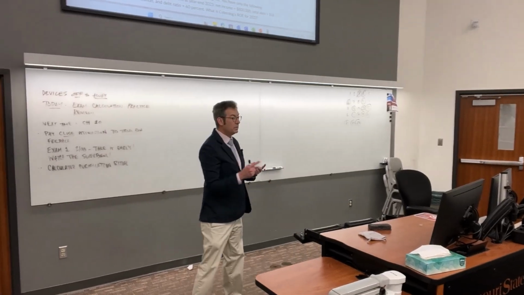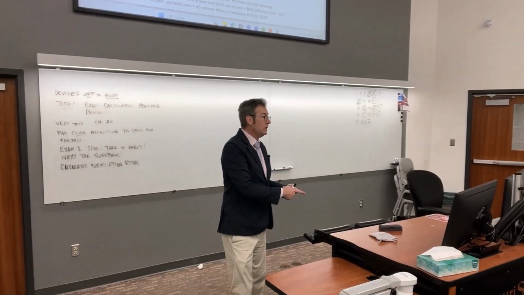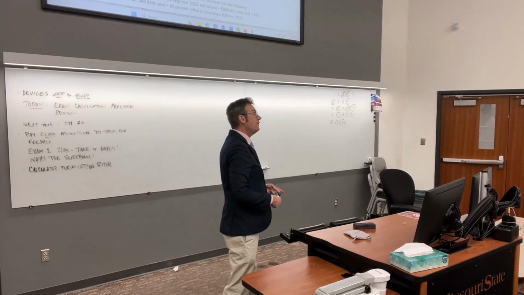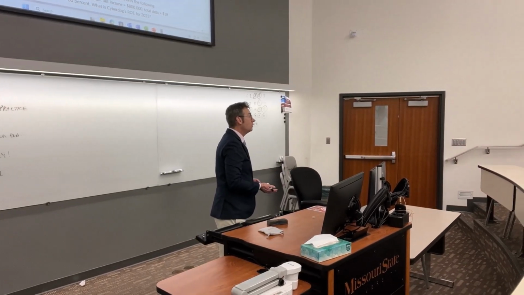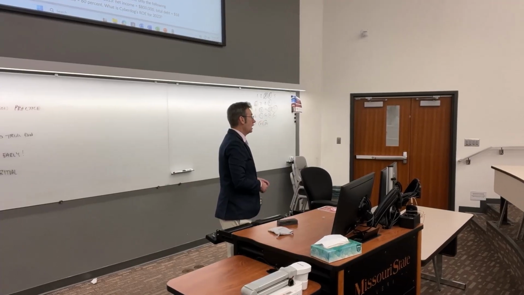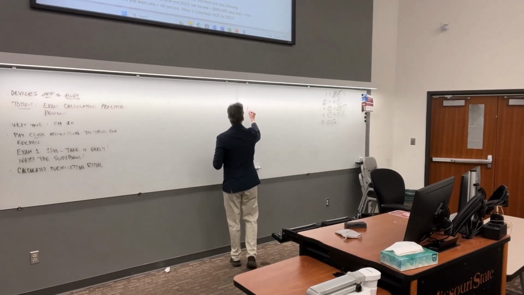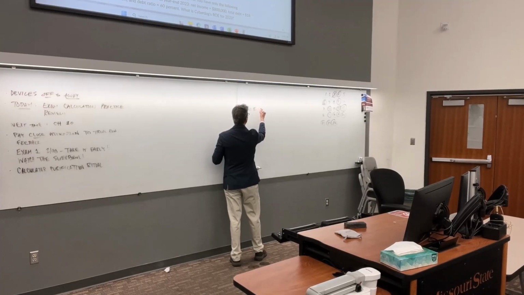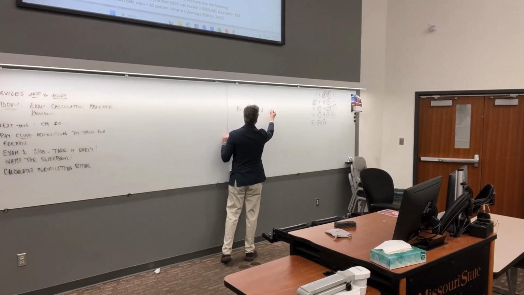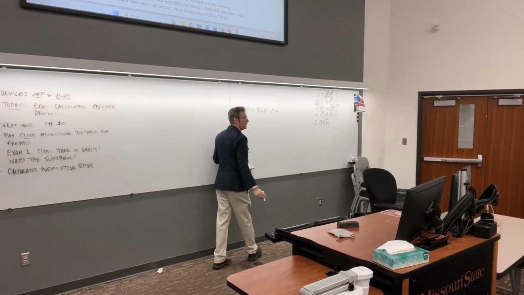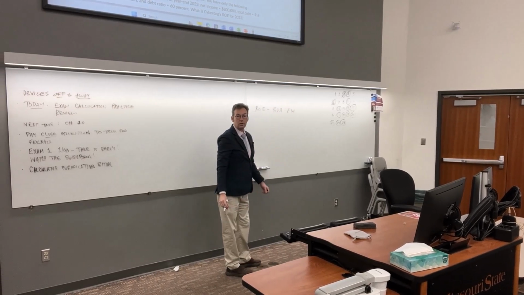Well, we've been given ROE, and we've been given enough information to find the equity multiplier. And we know that ROE is equal to ROA times the equity multiplier. Are you with me so far?